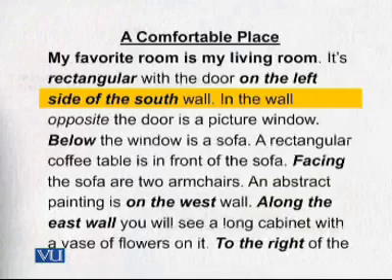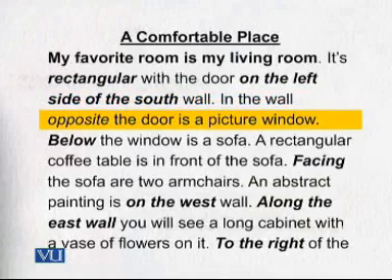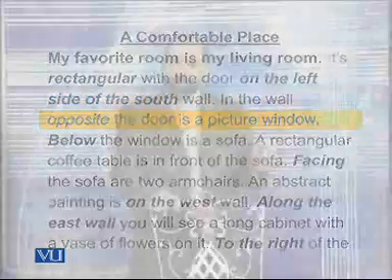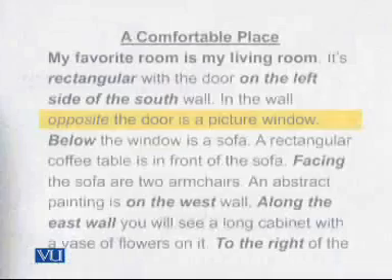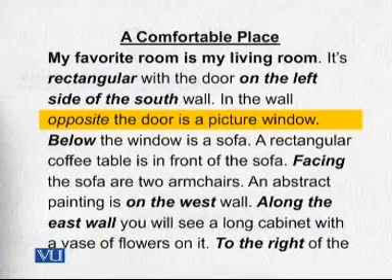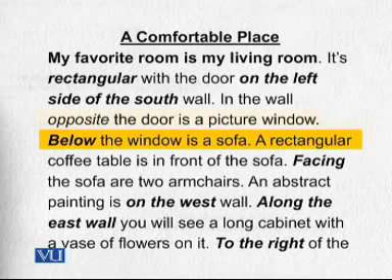And then comes, in the wall opposite the door is a picture window. Now, if we say this is the south and the door is somewhere here, opposite this, now he is talking about the north of the room, and he's saying in the wall opposite the door is a picture window. Below the window is a sofa. Please keep an eye on the words which actually create difference.